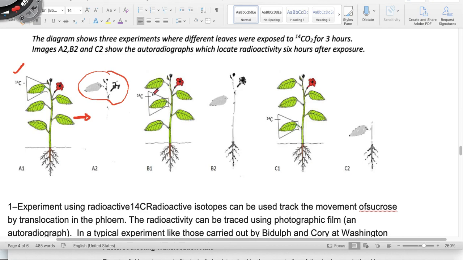If the leaf is situated in the middle, notice that the autoradiography shows that the carbon dioxide that was converted into glucose and sap was able to flow more here towards the top, but also here in the bottom.